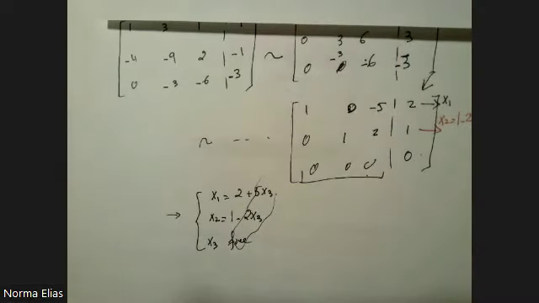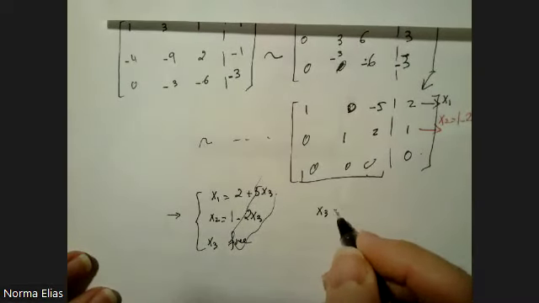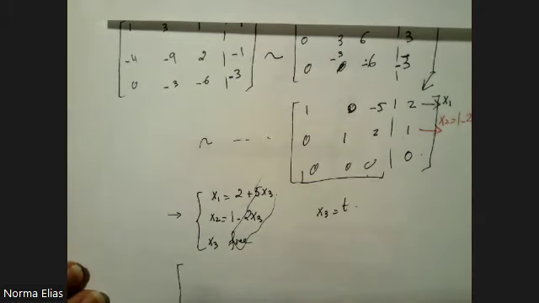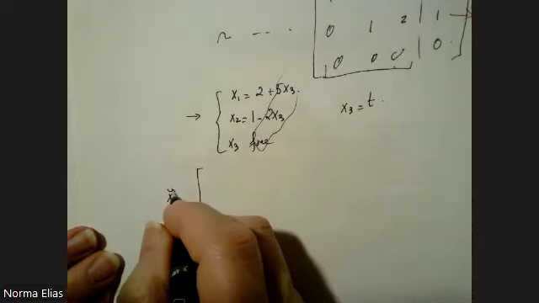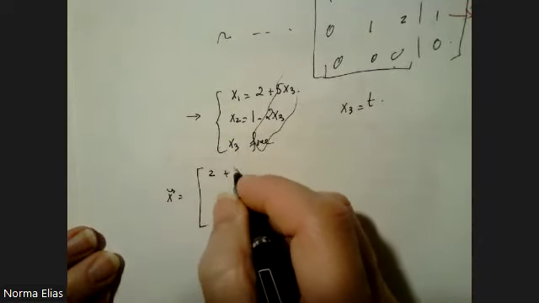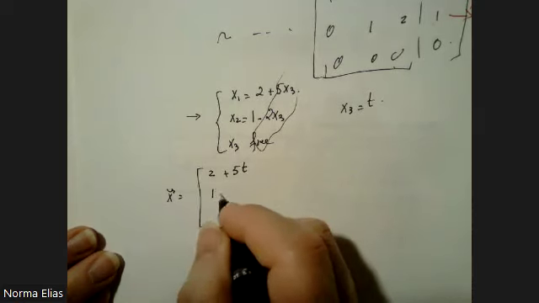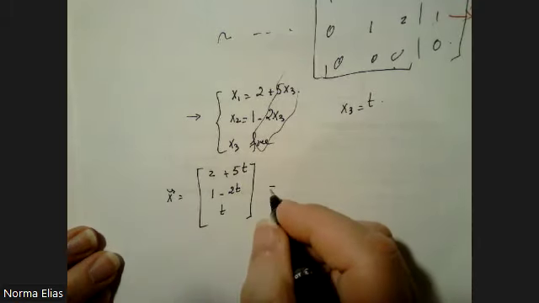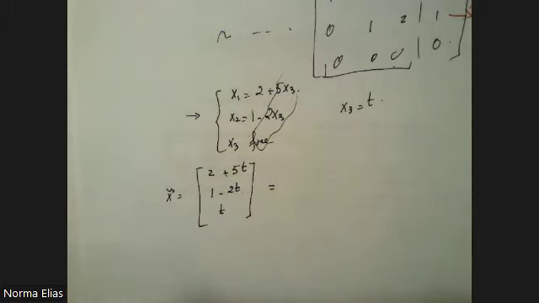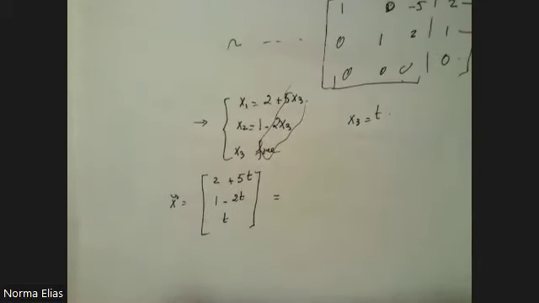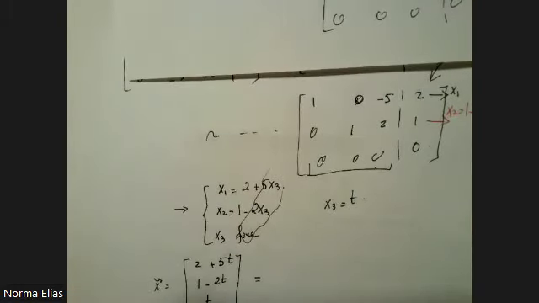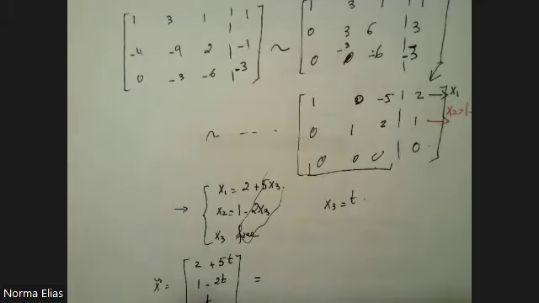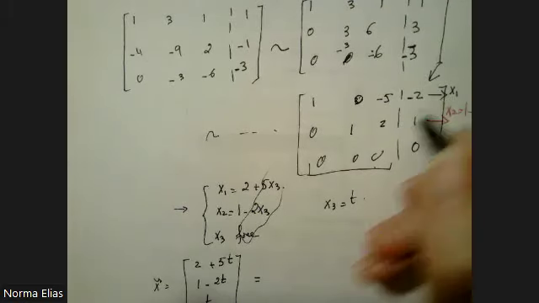Now when you write this in a vector equation, I put x3 to be t. And finally, my solution would be x equal to 2 plus 5t, 1 minus 2t, and t. And the way we write this in parametric form, the 2 in x1 is negative. This one, yes, you're right.